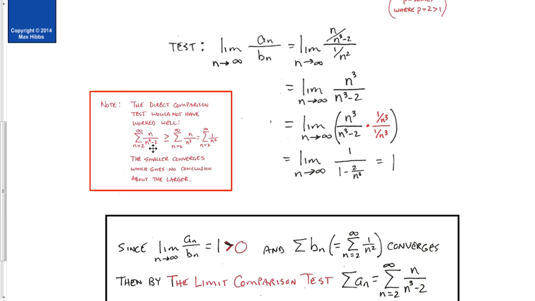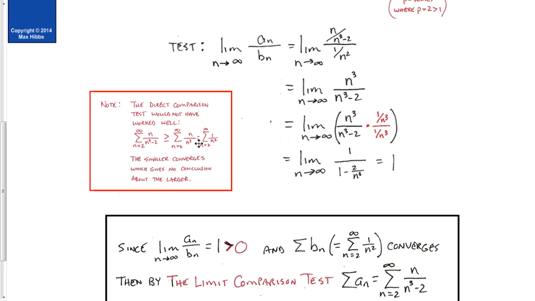And what has happened there? In this case, I'm subtracting 2. So this denominator is smaller than the denominator here. And the numerator hasn't changed. So if we have a smaller denominator, then we have a bigger fraction. So this series adds up to greater than this series.